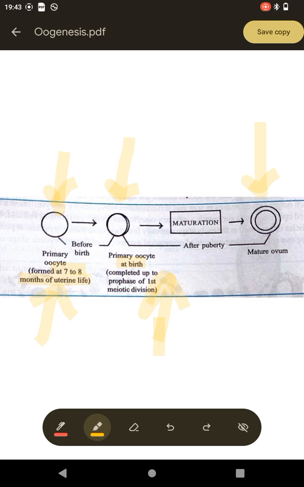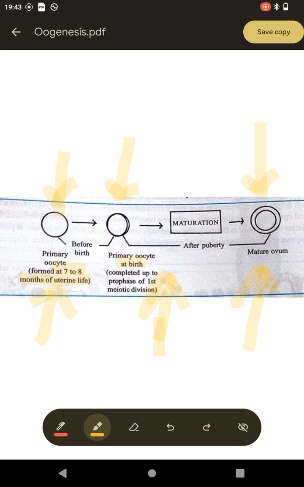Some primary follicles remain at puberty. Due to the hormonal changes, maturation of the oocyte occurs and the formation of the mature ovum will occur. This is the flowchart of the formation of the mature ovum.